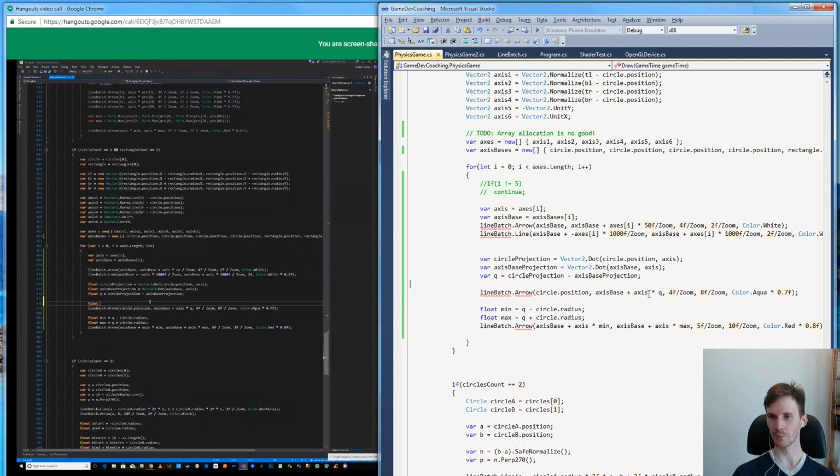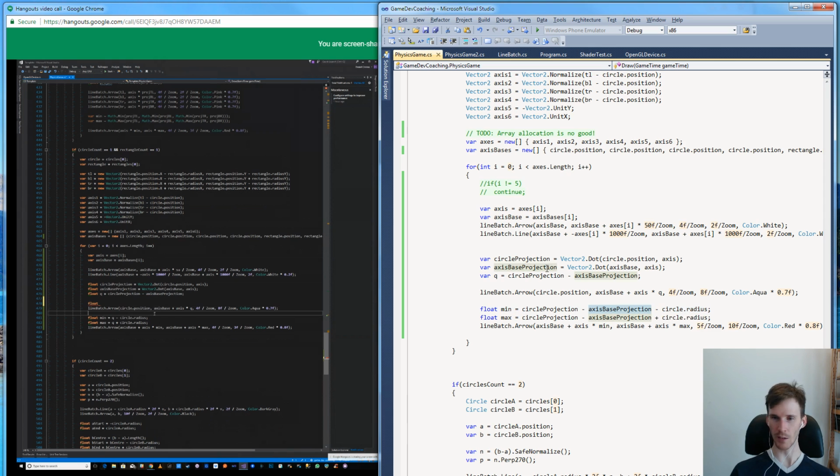What we have here are two ways of expressing it. We have the circle projection, and we're offsetting it by the circle radius. This gives us a minimum on the axis.